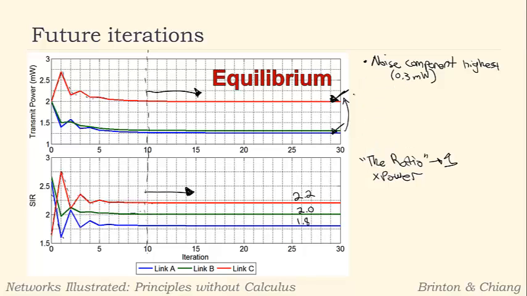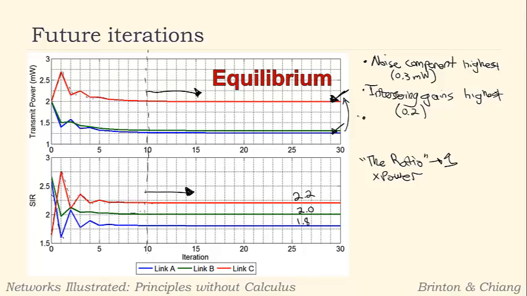So it has the highest noise component. That's the first point. The second is that it has the highest interference gains from other links. The other links had either 0.1 or 0.2, but both of link C's interfering gains from A and B were both 0.2. So the interfering gains were the highest, instead of having 0.1 and 0.2 and so on.